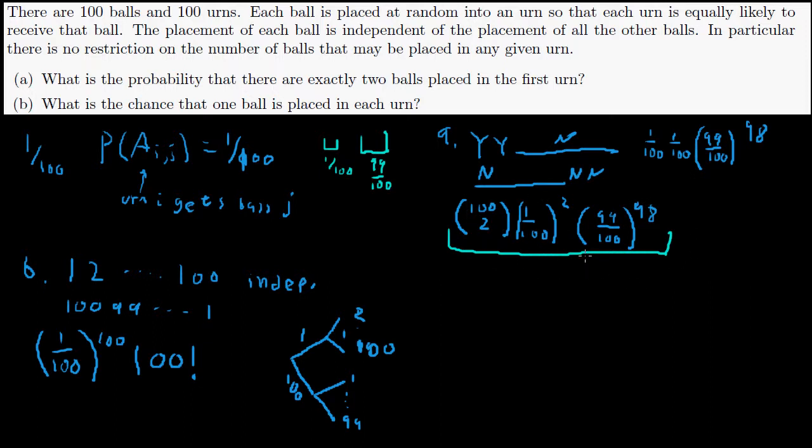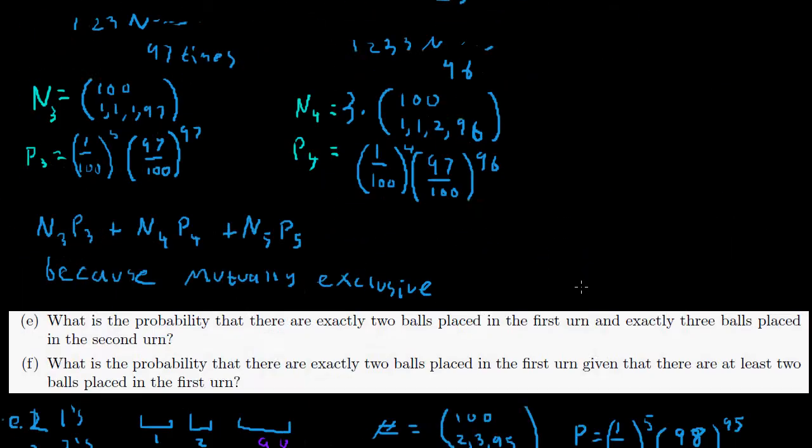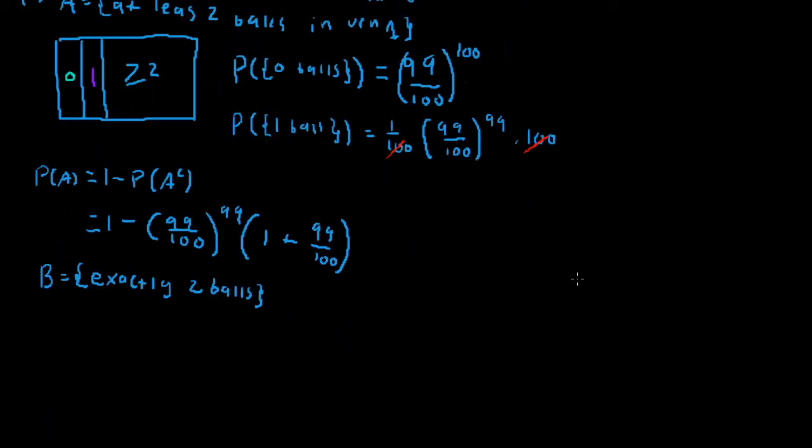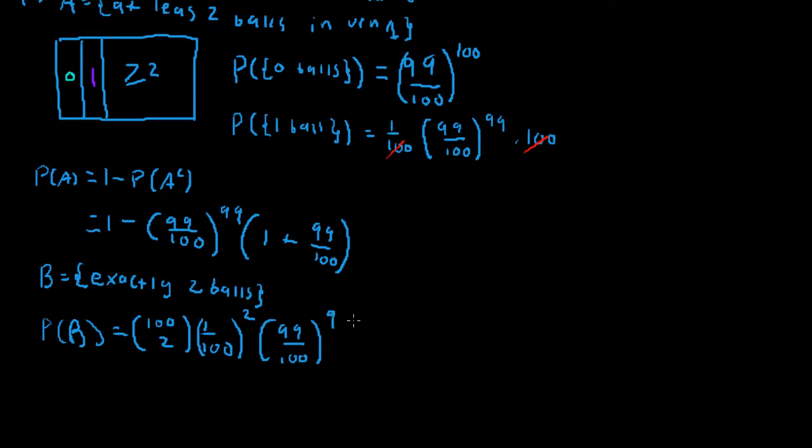So the probability of B is 100 choose 2, 1 over 100 squared, times 99 over 100 to the 98th.